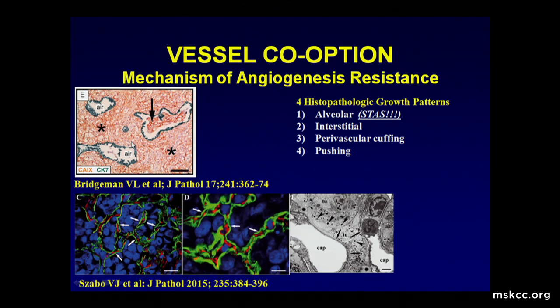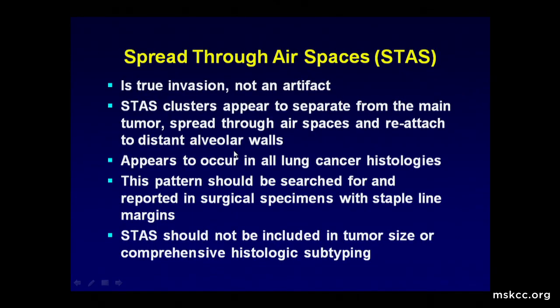And here's another study in the research literature, which those of us who do lung pathology haven't been reading very carefully, but I was speaking with a research investigator about a year ago, and he pointed out that what we were describing with STAS has been very well recognized in metastatic tumors. And here you can see an alveolar pattern, which isn't exactly STAS, but I think it shows this feature that they call vessel co-option, which provides a mechanism for these tumor cells to survive in the lung.